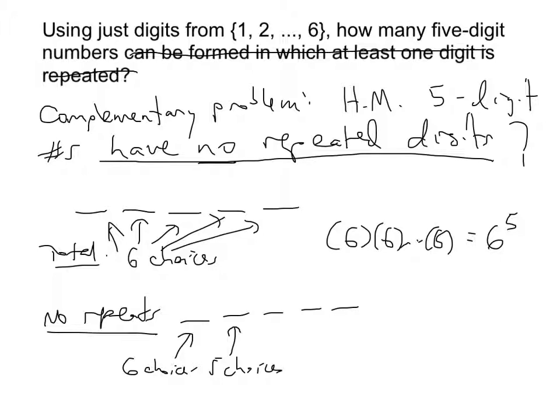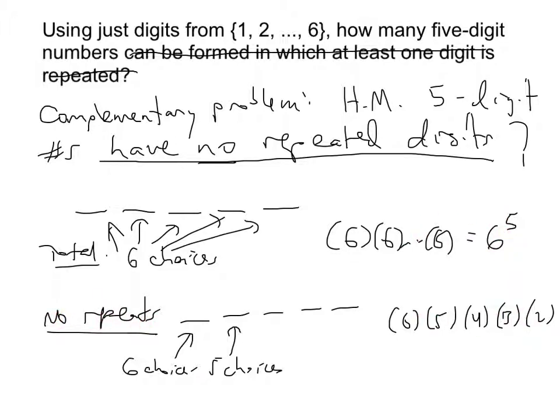And so I'll have 4 choices for the third, 3 choices, 2 choices. So the total number of ways with no repetition is 6 times 5 times 4 times 3 times 2. One number for each of the blanks, and the numbers fall one at a time. So that's the number of the 6 to the 5th total that have no repeats, is this number.